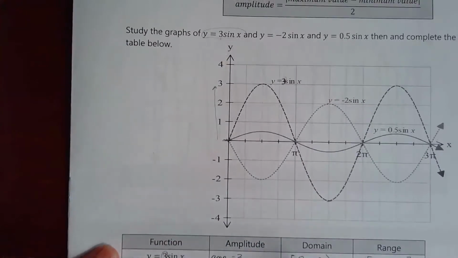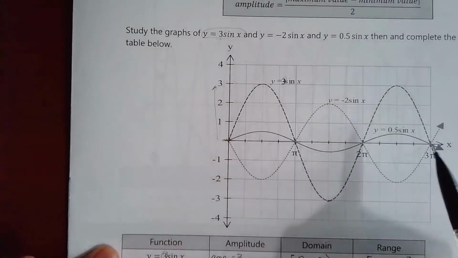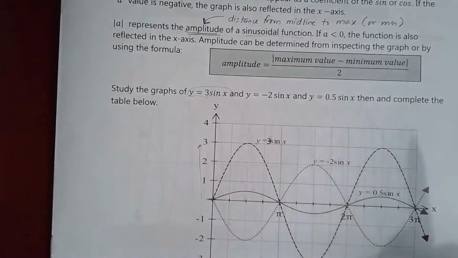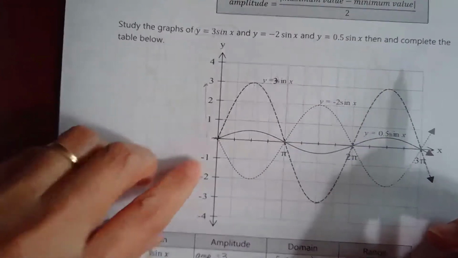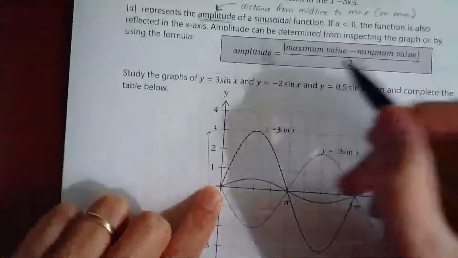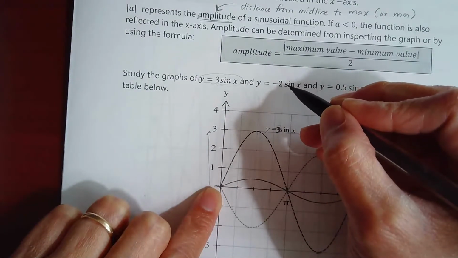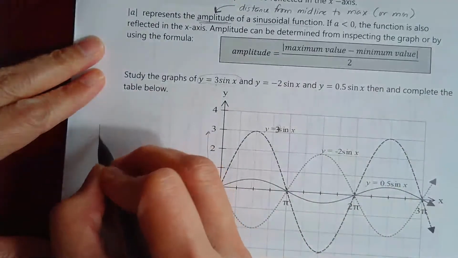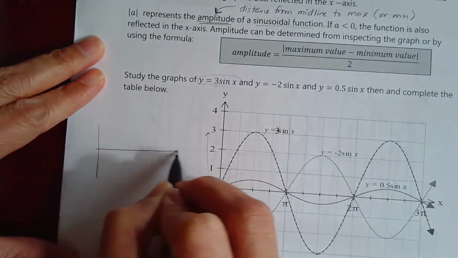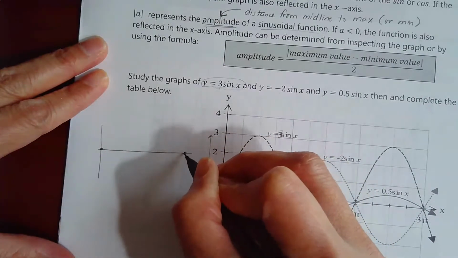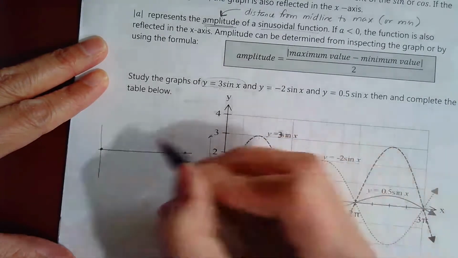So now let's take a look at negative 2 sine of x. Two things are going on in here. Sine of x, this is what the sine of x looks like, just to refresh our memory. It starts at 0 to 2 pi.